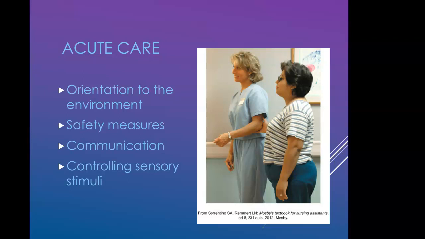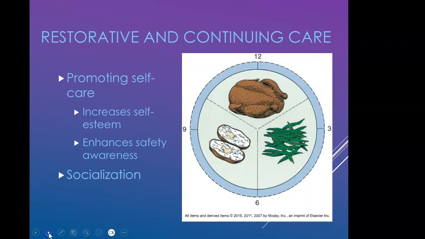In addition, you can control excess stimuli. Try to introduce meaningful stimulation that makes the environment pleasing and comfortable. Now, earlier, I did tell you guys what was considered meaningful. Okay. Restorative and continuing care.